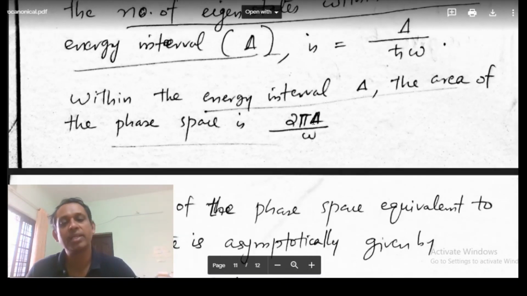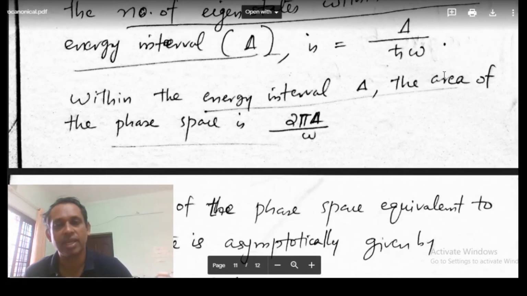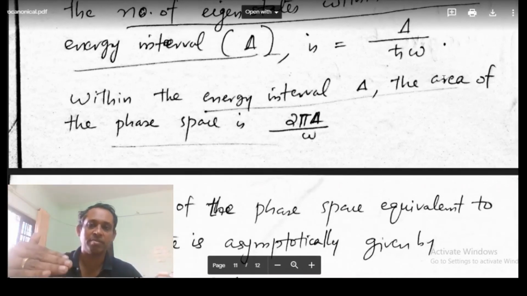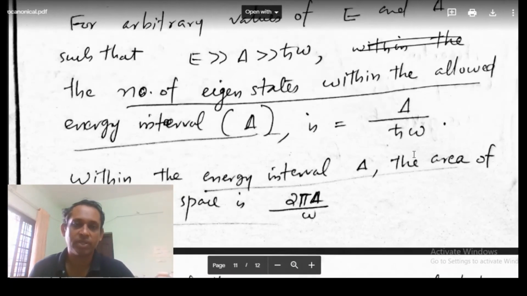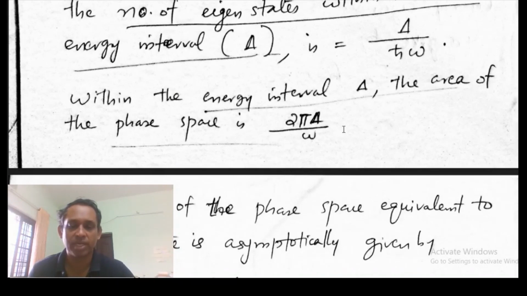So if we divide this 2πΔ/ω by this, as we did there in the case of the classical ideal gas, where Ω was divided by Γ, we got the fundamental volume.